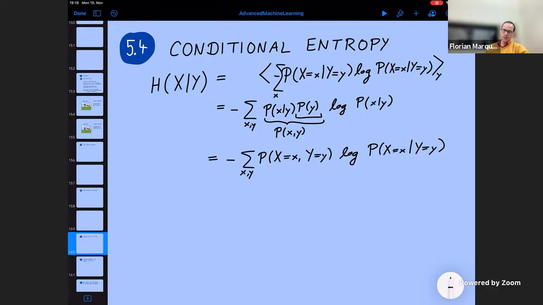And so that's a very useful quantity because you can show one thing: this conditional entropy of x given y, given the observation, is less than or equal to the entropy of x alone without observation. So that's an important theorem. I can say something about how this is proven in a moment, but that has an important meaning.